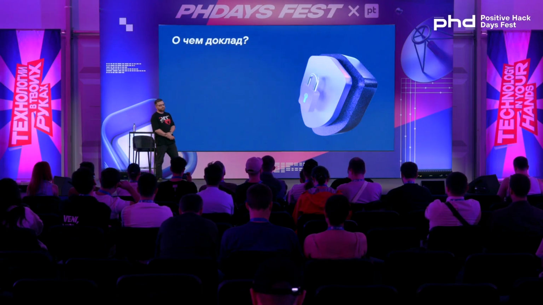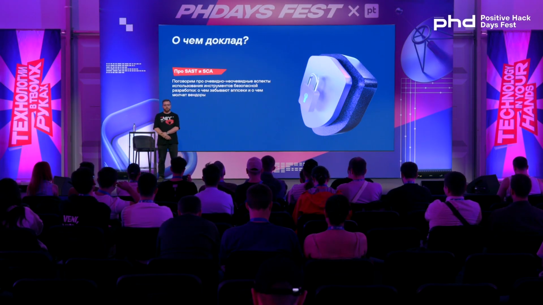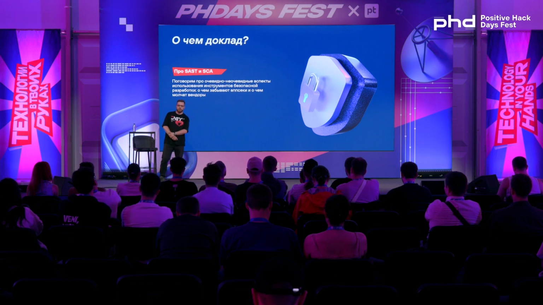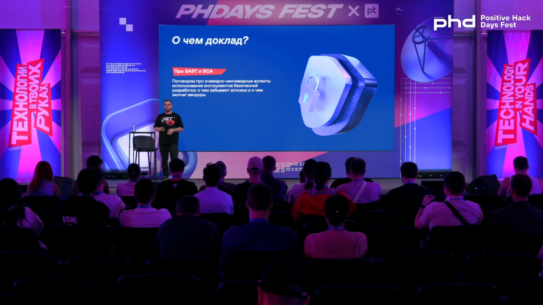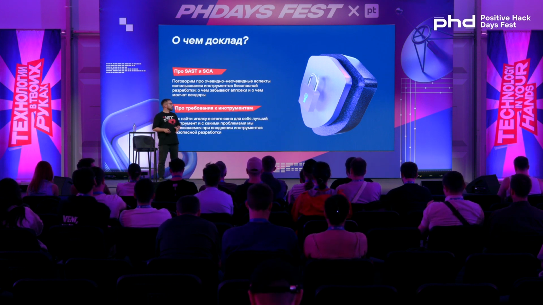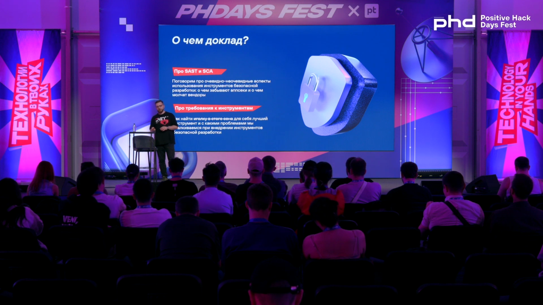Now, what am I going to talk about? First of all, about the tools of SAST and SCA, their usage, obvious and non-obvious, different cases, and what do we have to pay attention to when you choose the tools for secure development?